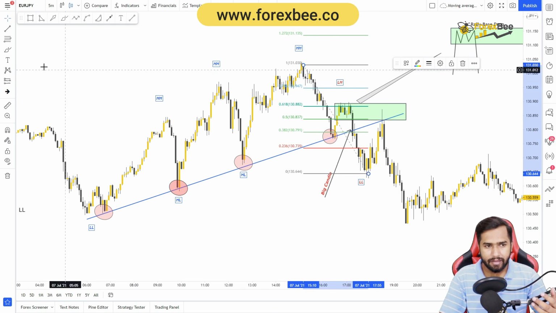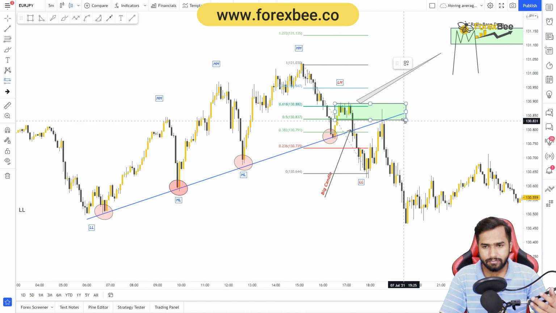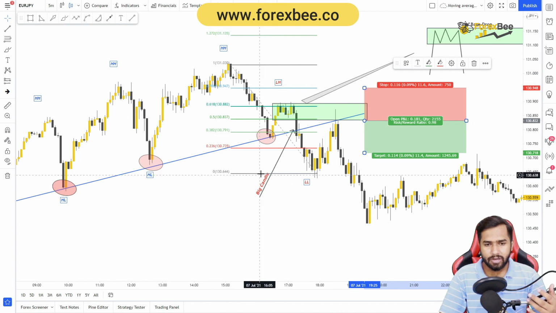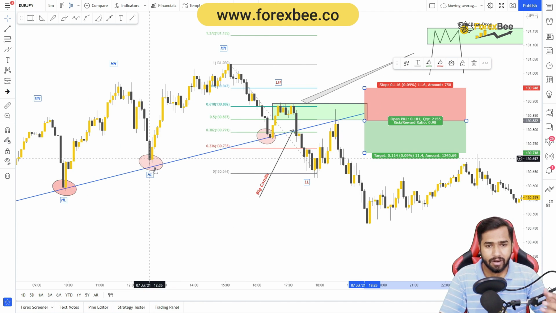Okay, so let me go ahead and take a short position here, and we can put our stop loss at this level, and we can put our take profit at the higher low of our last swing.